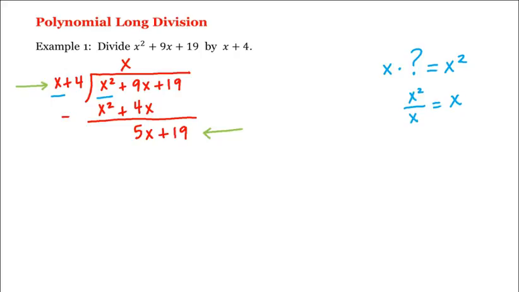Again, we look at the leading terms here, x and 5x, and ask ourselves, x times what is equal to 5x? And this would be 5, wouldn't it? Because 5x divided by x is 5. So that's the next term in our quotient. So we have plus 5.